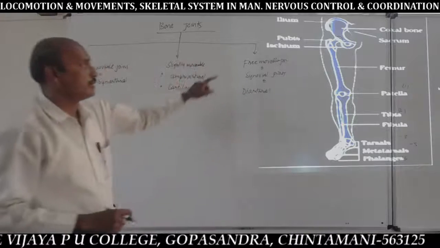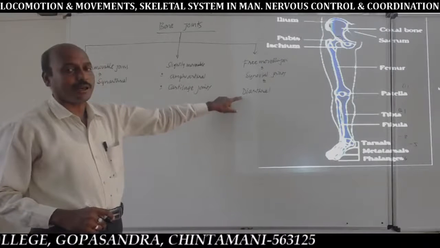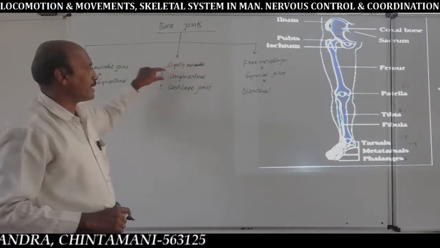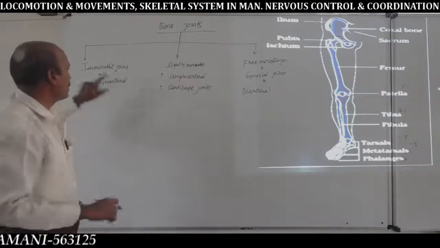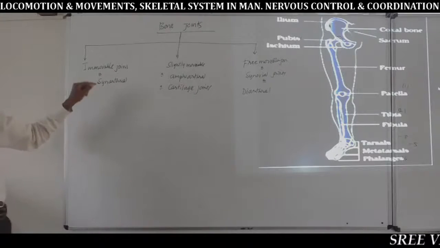Very important. Freely movable synovial joints or diarthral joints. Second one is the slightly movable joints, amphiarthral joints or cartilage joints. And the first one is the immovable joints or synarthral joints.